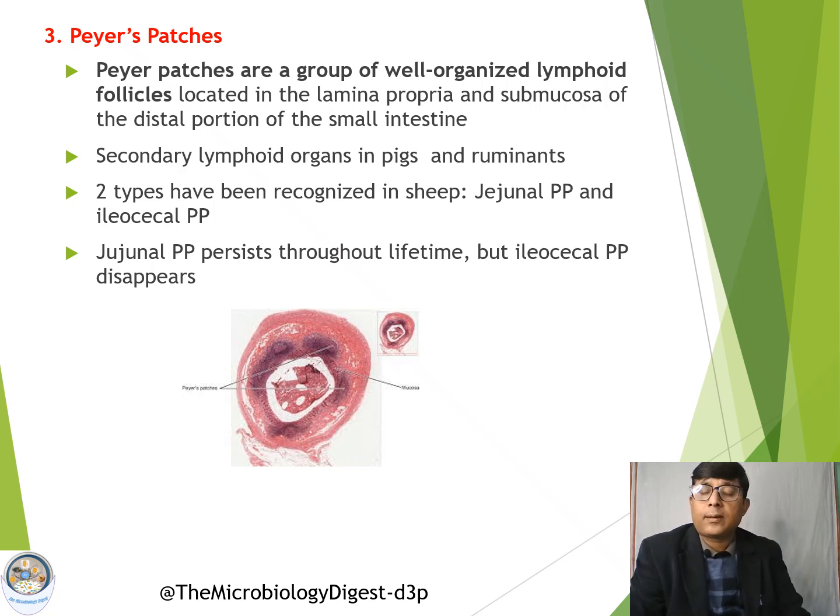Two types of Peyer's patches have been recognized in pigs and ruminants. One is the jejunal Peyer's patches, which persist throughout life, and the other type is the ileocecal Peyer's patches, which are not present throughout life and disappear.